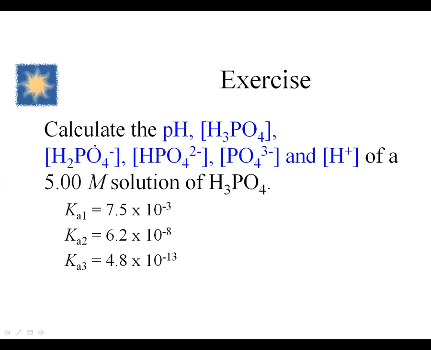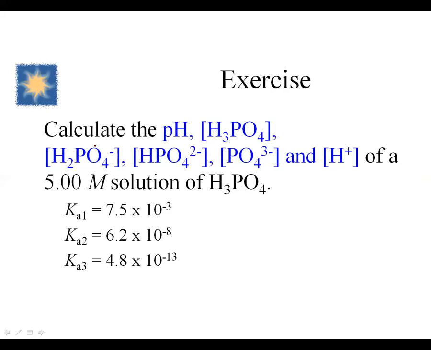So here we want to calculate the concentration of H3PO4, H2PO4 minus, HPO4 2 minus, and PO4 3 minus. We want also the H plus concentration, and we want the pH of the solution. That is a 5 molar solution of H3PO4.